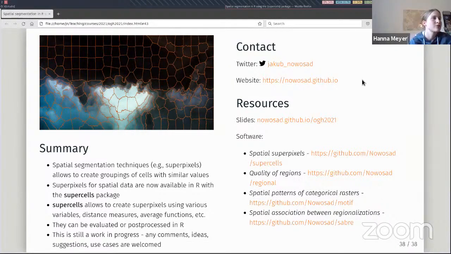Okay, so the next question is, have you compared using supercells with the traditional land use classification methods, for example, random forest or support vector machines? Which one performs better on, say, Landsat data? I have not, but I've seen some papers doing similar things.